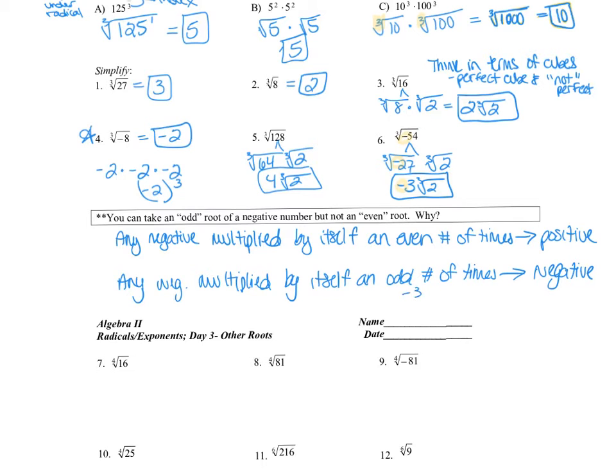If I have -3 times -3 times -3, well, that equals a -27, right? Negative times a negative is a positive, but now positive times a negative makes our answer a negative. So keep that in mind when we're dealing with these, okay? We can't take an even root of a negative. If we're trying to take an odd root of a negative, it is possible. So let's look at the next page.